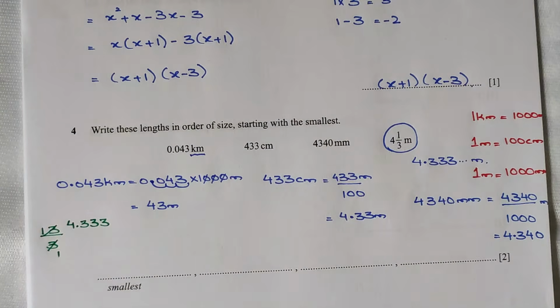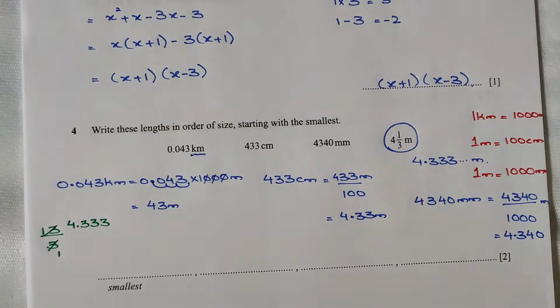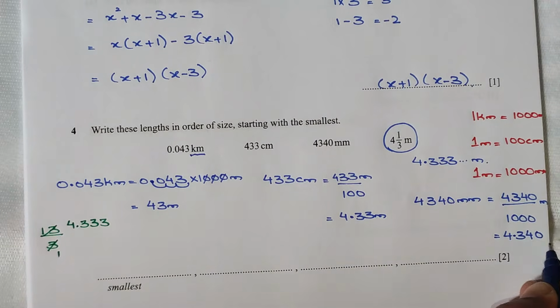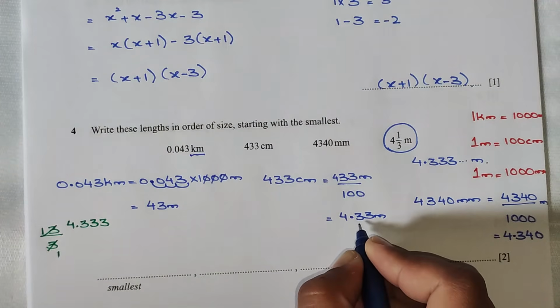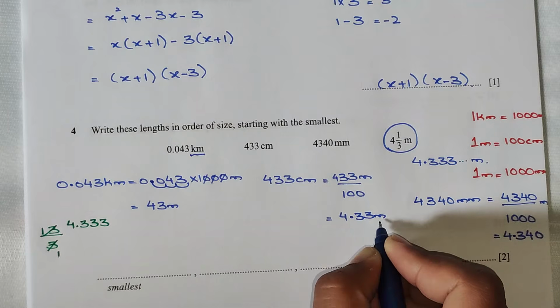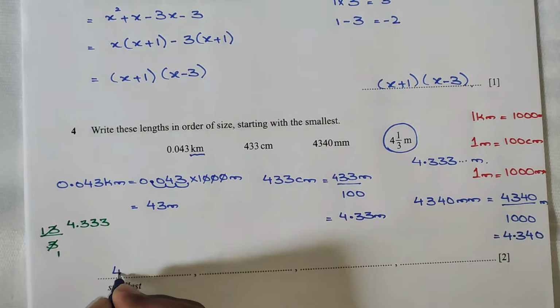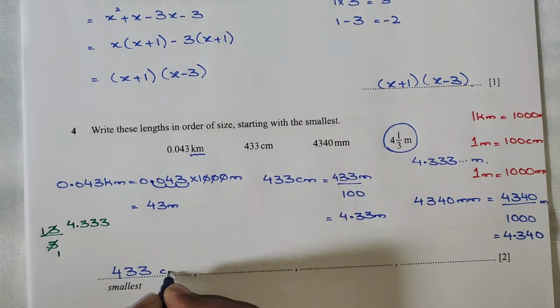Now all of them are in terms of meters, so which one is the smallest one? So 43, 4.33, 4.340, 4.333. Okay, so the smallest one is 4.33 meters. This one is the smallest one, and this is 433 centimeter.